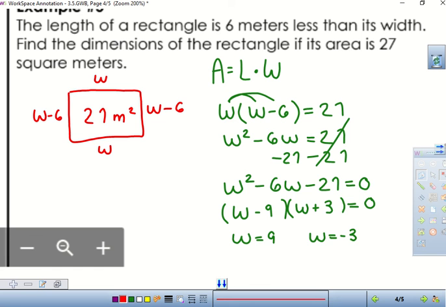Which one am I going to reject? Good. So I know that my width is 9 and my length is 3, because I plug it back in. And that makes sense because 9 times 3 is 27. So you can double check it.